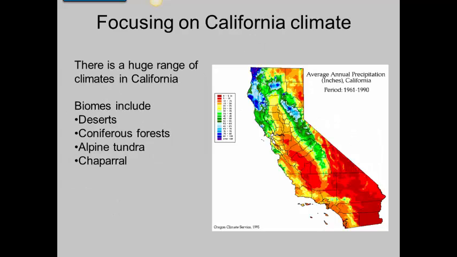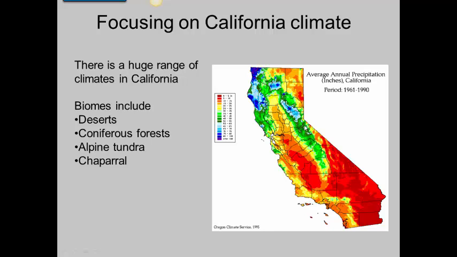Now I want to focus on California's climate, which is no small task. The climate of California is extremely diverse. You've got the influence of the Pacific Ocean, which lies west of our continent. You've also got the influence of some major mountain ranges.